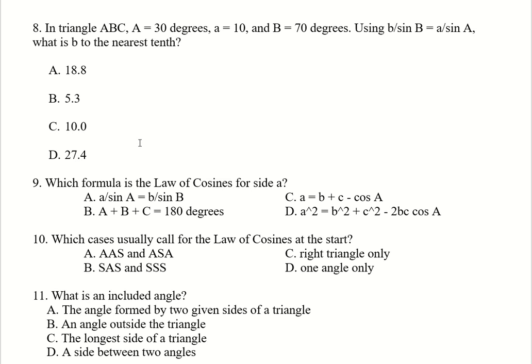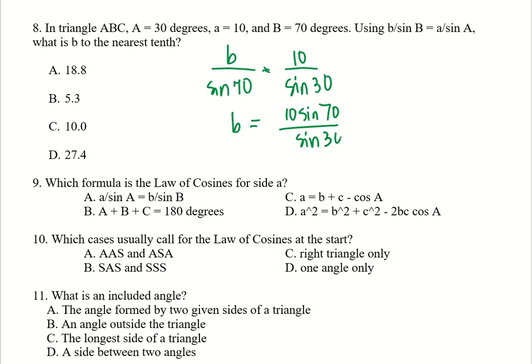Using b over sine B equals a over sine A, what is b to the nearest tenth? We're looking for b. So b over sine 70 is equal to 10 over sine 30. Our b will be 10 sine 70 over sine 30.